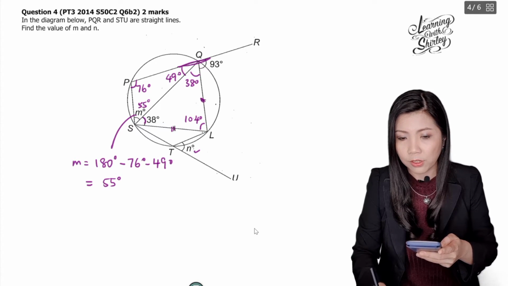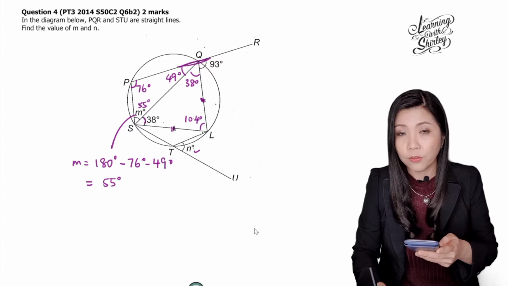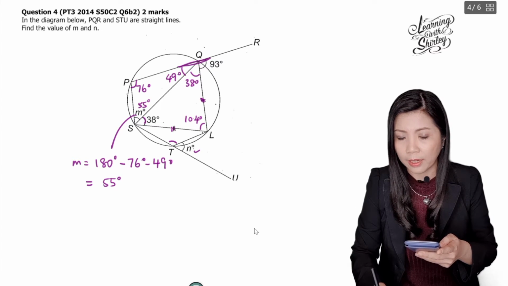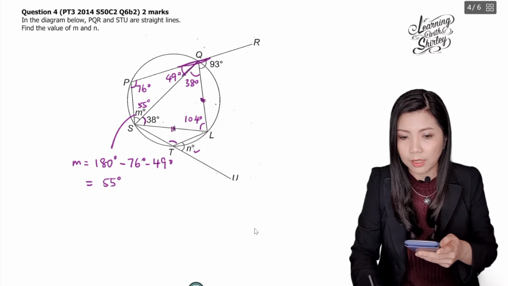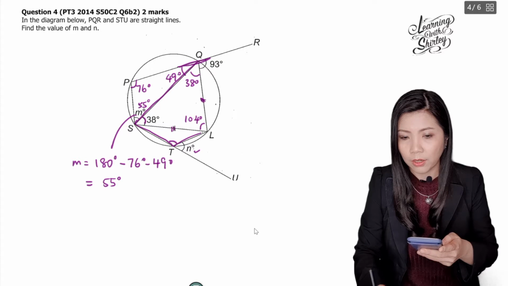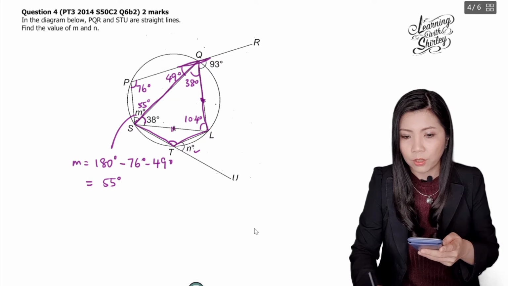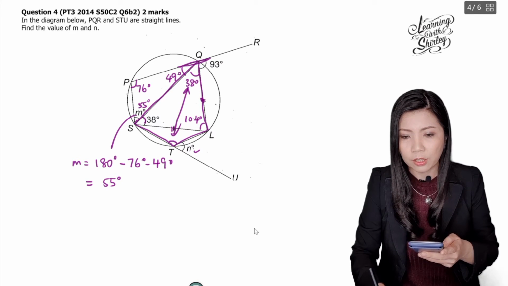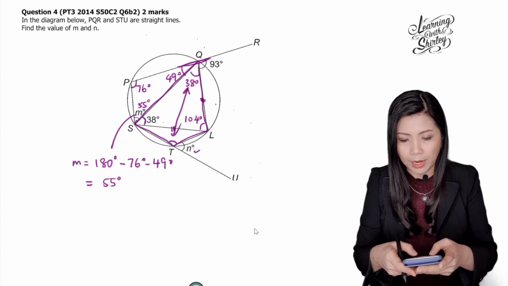Now let's solve for N. In order to find N, we need to find this angle first. We know that this is a quadrilateral, QSTU. So I'm going to use this quadrilateral. Two opposite angles added up together is 180, so I'm going to use 180 minus 38.